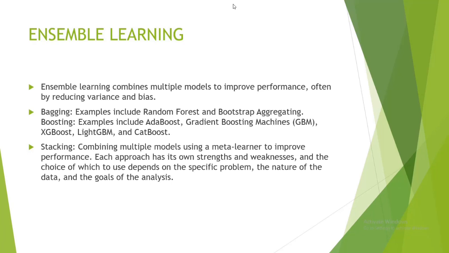Boosting examples include AdaBoost, gradient boosting machines, XGBoost, LightGBM, and CatBoost. Stacking means combining multiple models using a meta learner to improve performance. Each approach has its own strengths and weaknesses, and the choice of which to use depends on the specific problem, the nature of the data, and the goals of the analysis.